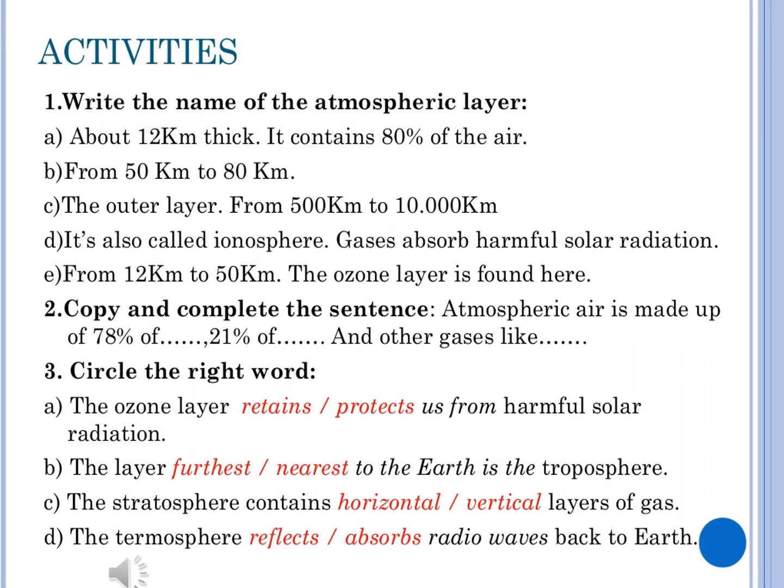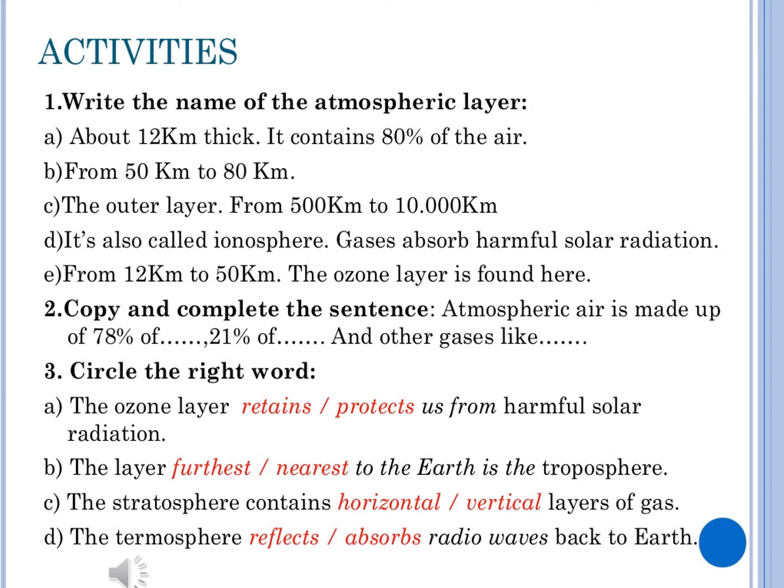Some activities for you. Write the name of the atmospheric layer. About 12 kilometers thick, it covers 80% of the air. From 50 kilometers to 80 kilometers. The outer layer from 500 kilometers to 10,000 kilometers. It's also called the ionosphere.